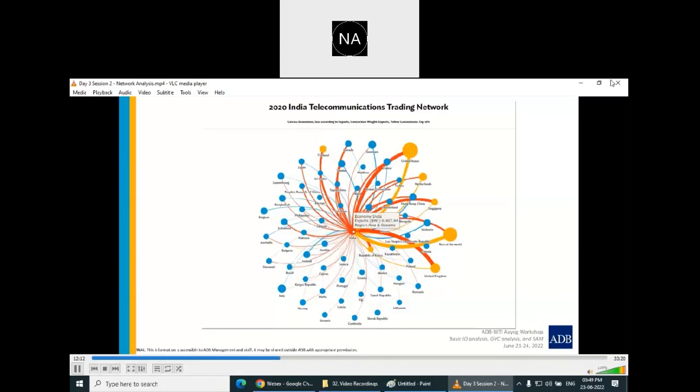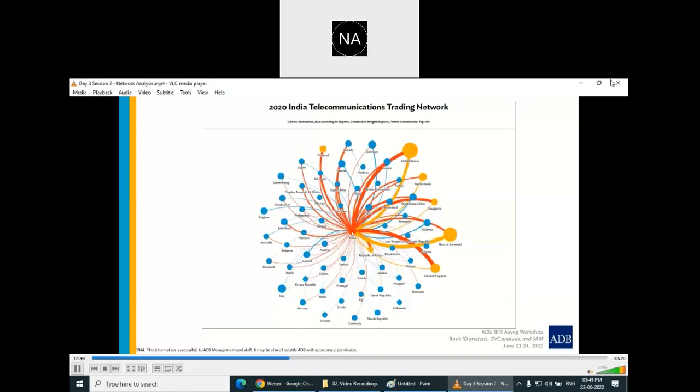Now, another information here is the color. You'll notice that all of the exports that are coming from India are colored red. So these lines are all exports by India. And then the lines that are exported by the other country are either blue or yellow. Now the differentiation is based on the amount of the export.